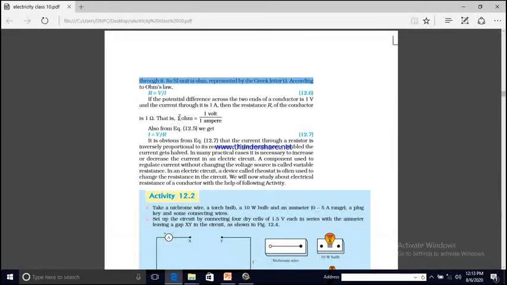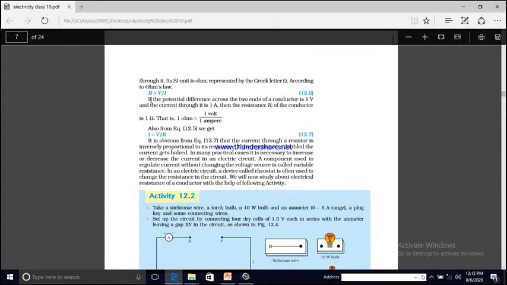So when the resistance of a particular material is said to be 1 ohm, that means it will offer 1 ohm resistance to the flow of current of 1 ampere when the potential difference across the ends is 1 volt. You can understand that from this equation: 1 volt per 1 ampere is called 1 ohm resistance.